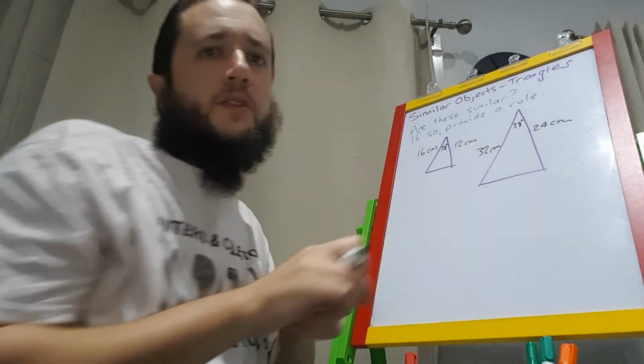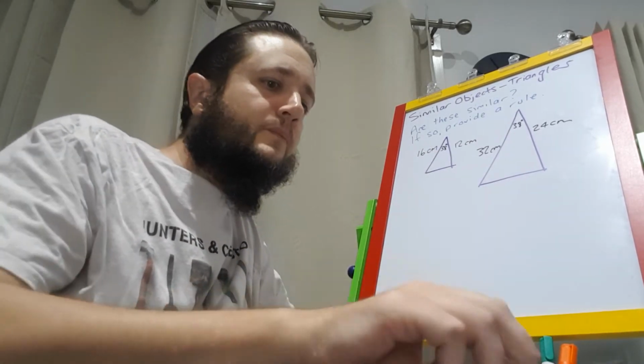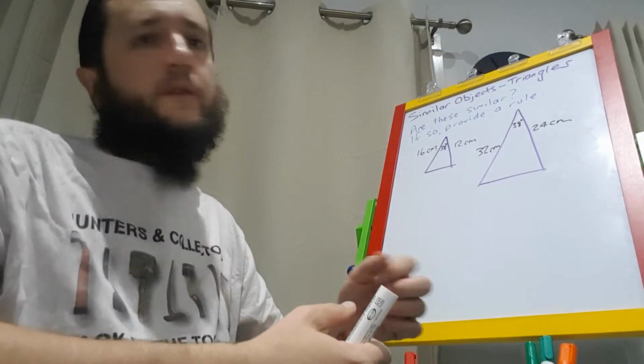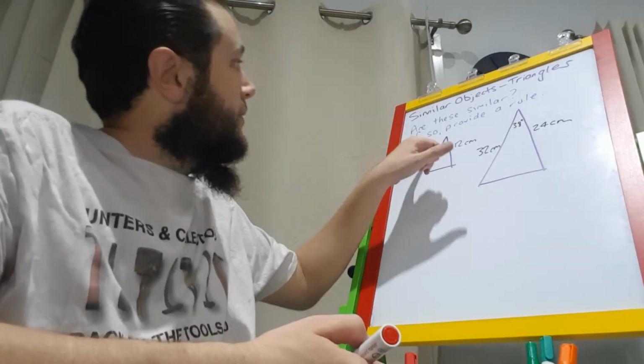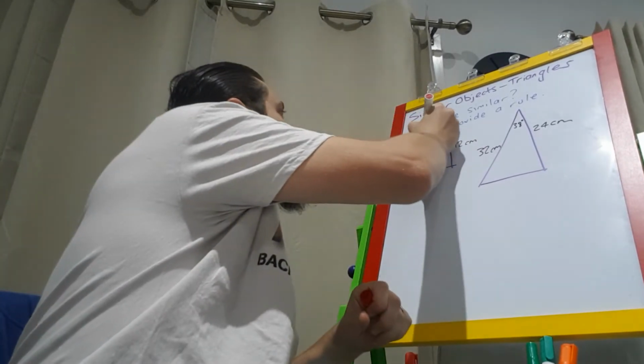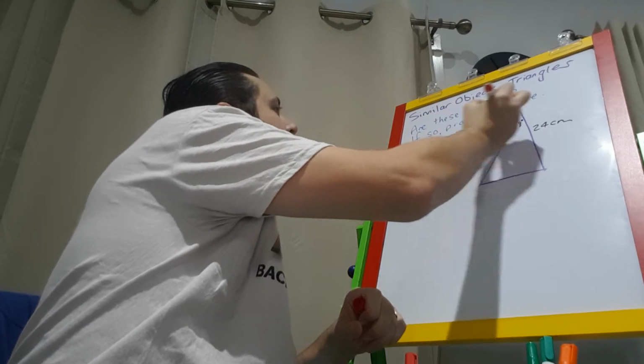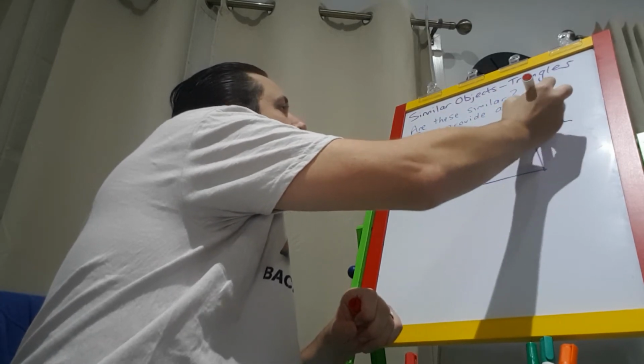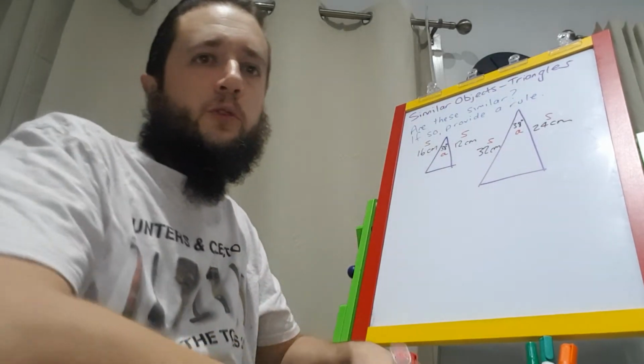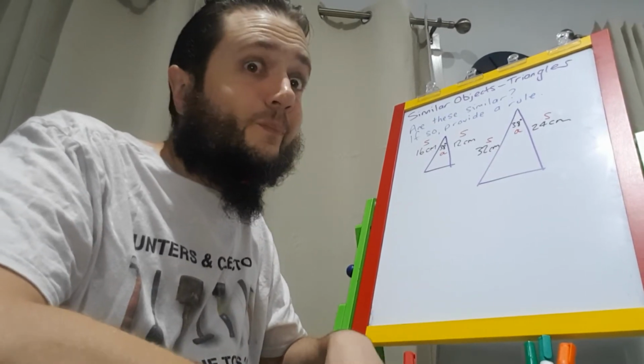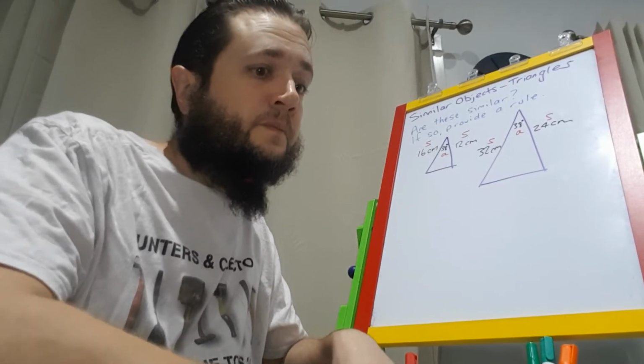There we go. So the question is, are they similar? So let's look at what we've got. For both of these, we've got a side, and an angle, a side. Now, one of our rules looks a bit like that, doesn't it? Happens to be called SAS.